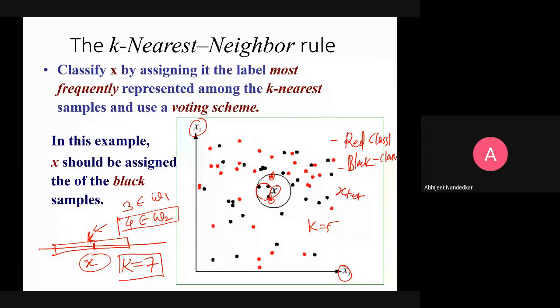Since class 2 samples around this x are more in number than red, my decision is directly class 2. So in this way, this very simple method called the k nearest neighbor rule directly takes into account data around a test sample, and this is said to be estimating posterior.